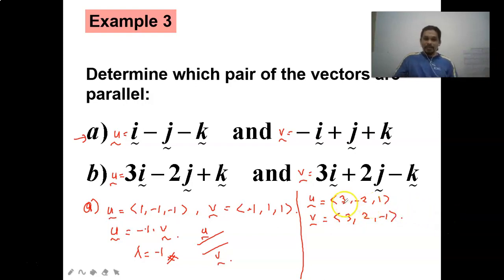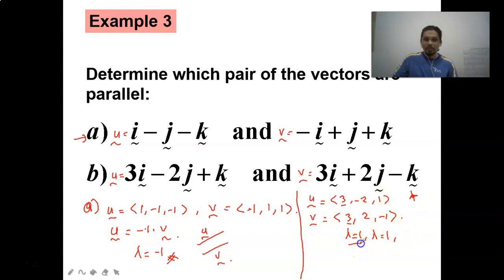Between 3 and 3, both are positive, so we compare them and lambda equals 1. Between the magnitude of j and j, negative 2 and 2, the lambda is negative 1. And between the last components, 1 with negative 1.